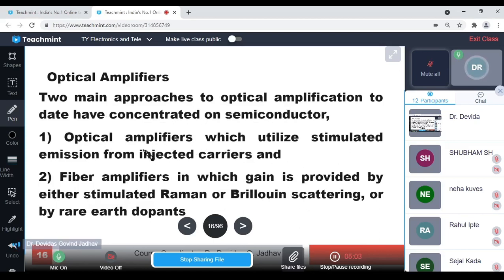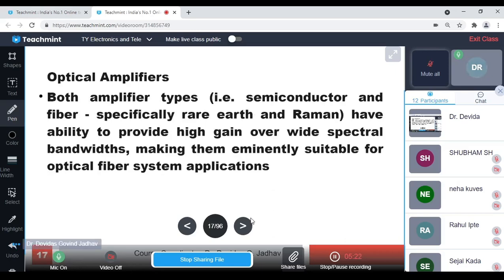The two main approaches to optical amplifiers are one which utilizes the stimulated emission of injection carriers, and second, where the gain is provided by stimulated Raman scattering, stimulated Brillouin scattering or rare earth dopants. So one is semiconductor amplifiers, second is fiber amplifiers, especially rare earth and Raman.